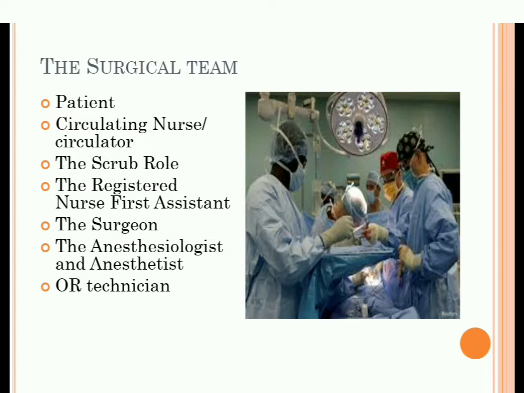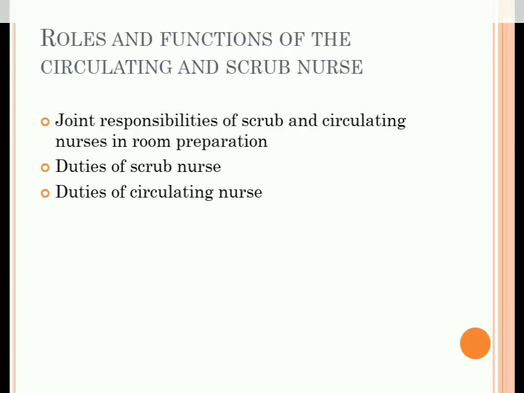Then we will also have your student nurse, scrub and circulating also. Anesthesiologists, resident anesthesiologists, nurse anesthetists, OR technician, and the clinical instructor. So, sa isang OR room lang yan. So, pwedeng it would consist a 7 to 14 na team sa isang OR room.